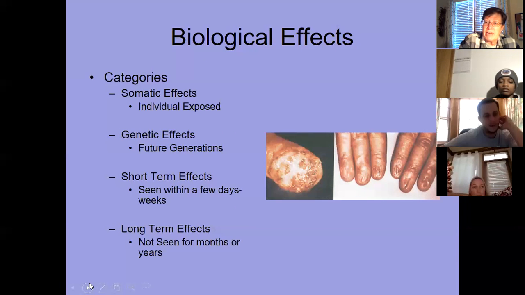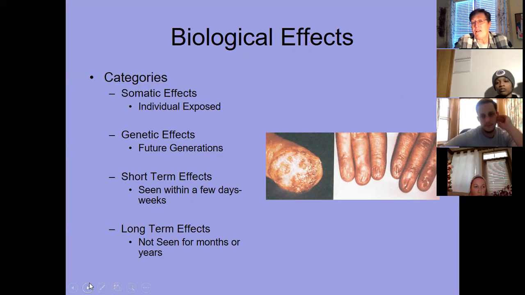That's a somatic effect. The individual was exposed, they have the effect. Genetic effects are seen in future generations. Genetic effects can result from either high or low level radiation, and it results when the reproductive cells are changed or mutated, and those reproductive cells are used in conception.